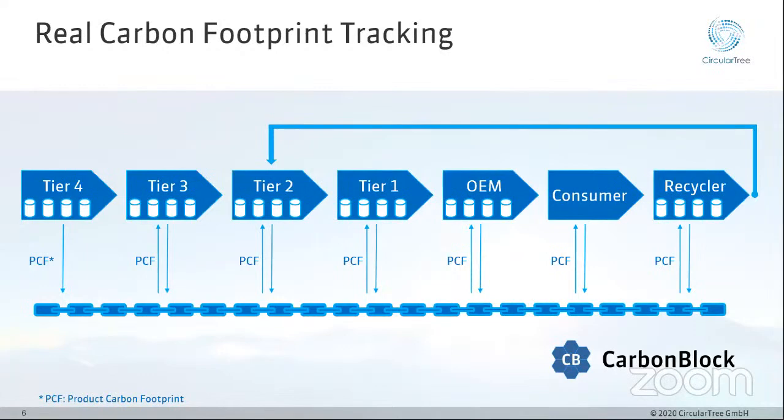It's a little bit simplified because, of course, real supply chains look much different. But at the end of the day, the important thing is product carbon footprint from one tier to the next. Theoretically, we could give everybody accessibility, but right now, companies are very reluctant to provide too much transparency.